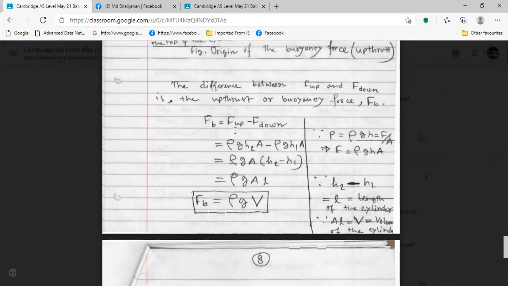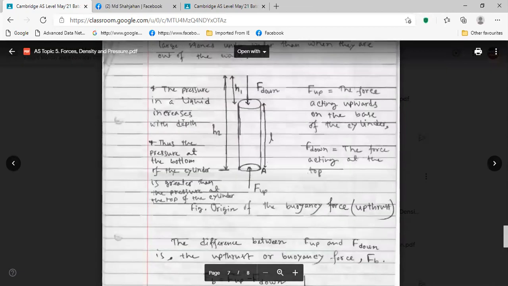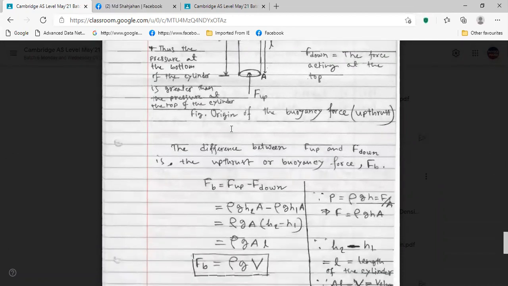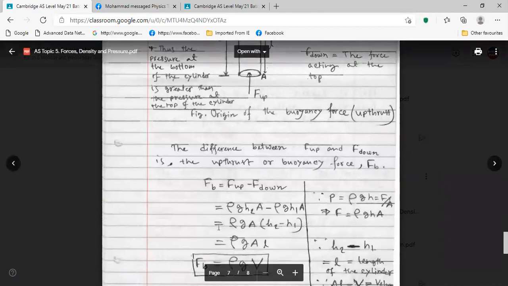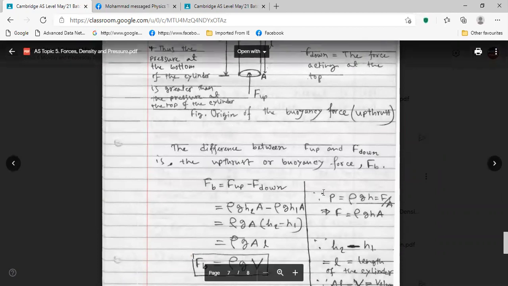You see, F up, how can we get it? Rho g h2 A. Where is h2? This one. How are we applying this formula? The working is given here.